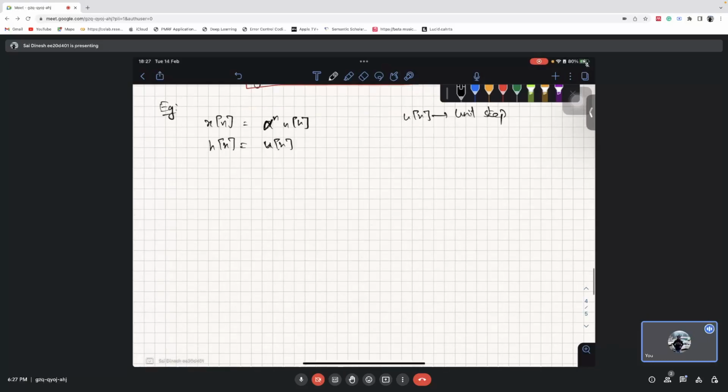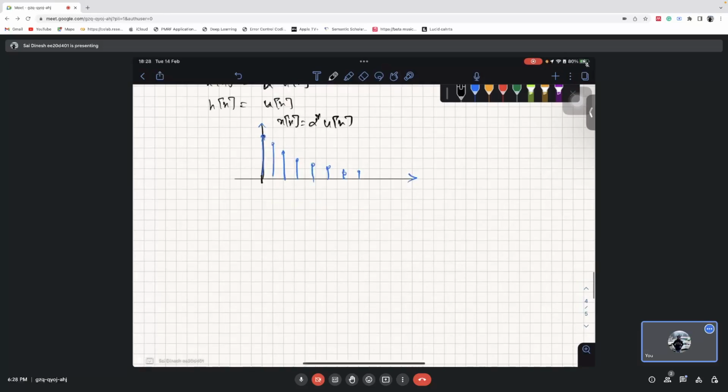So if we draw the x of n that we have, it's like a decreasing magnitude. So here x of n is alpha power n into u of n, and then we have the h of n here, which is a unit step.